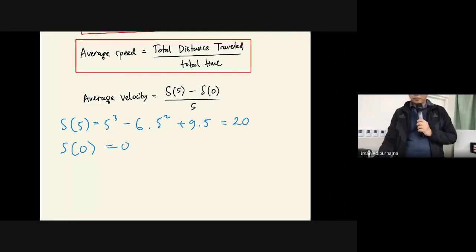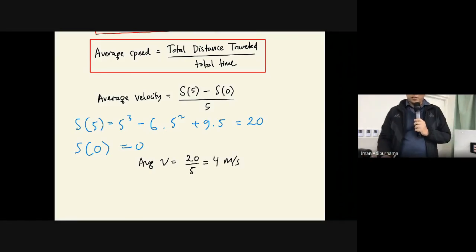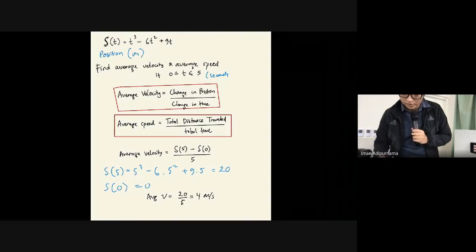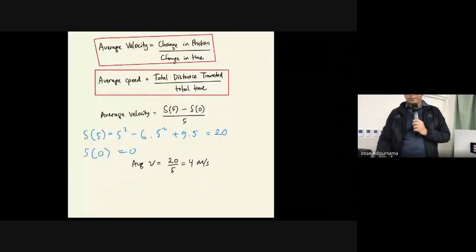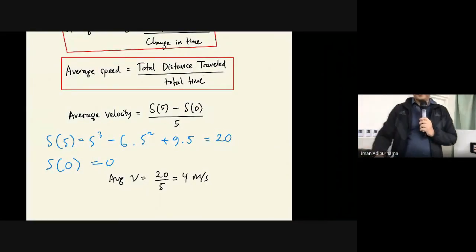So the average velocity is 20 divided by 5, which is 4 meters per second. I haven't said that time is in seconds and position is in meters. So you get the average velocity.